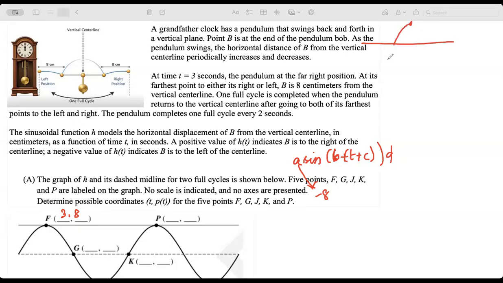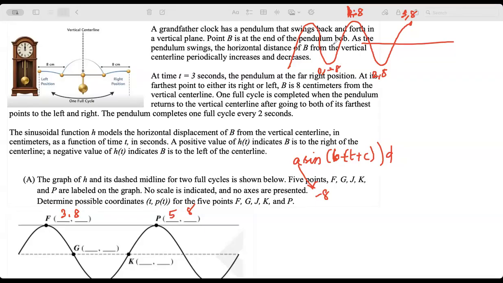I will draw it from there. This is 2, 8. For me, drawing it like this is so much easier, okay? This is 1, 8. This is 0, minus 8.